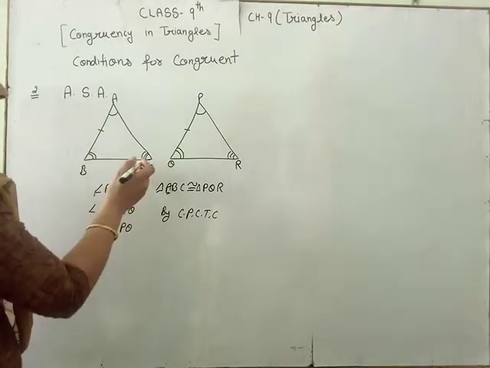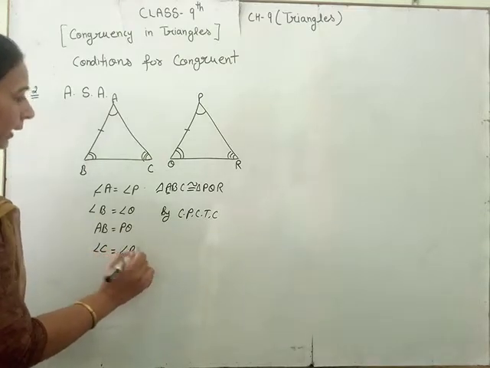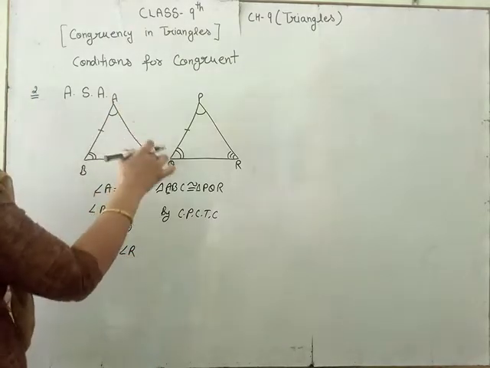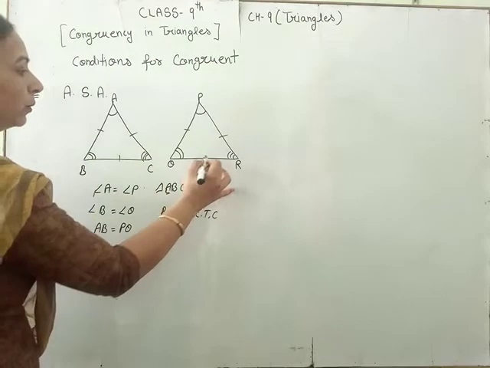Then the remaining angle C equals angle R, and next side AC equals PR and BC equals QR.